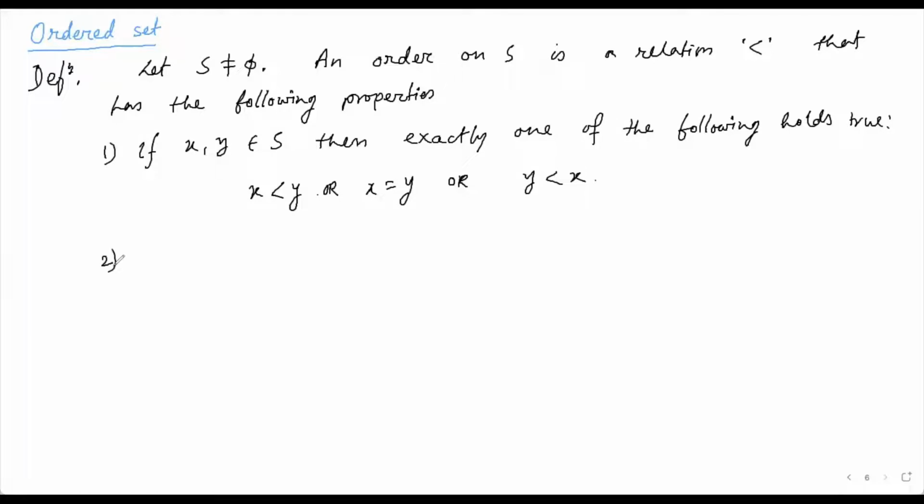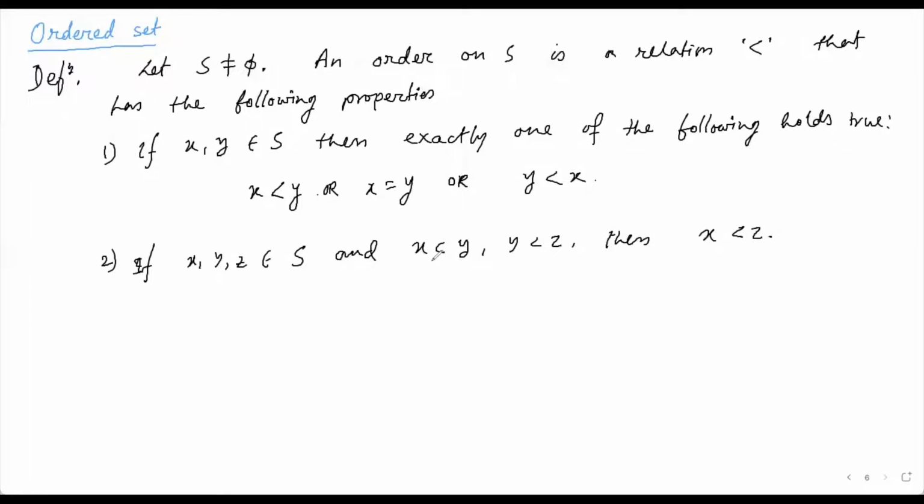The second condition is this relation is transitive. That is, if x, y, z in S and x less than y less than z, then x less than z.